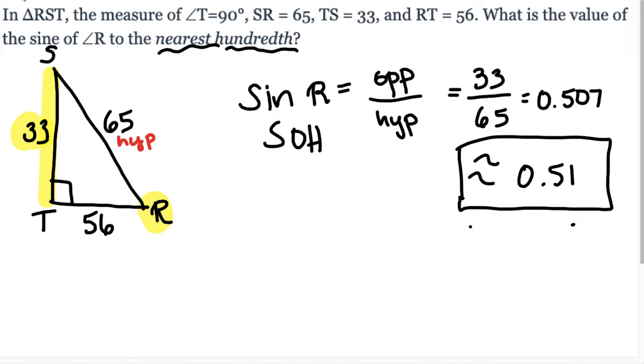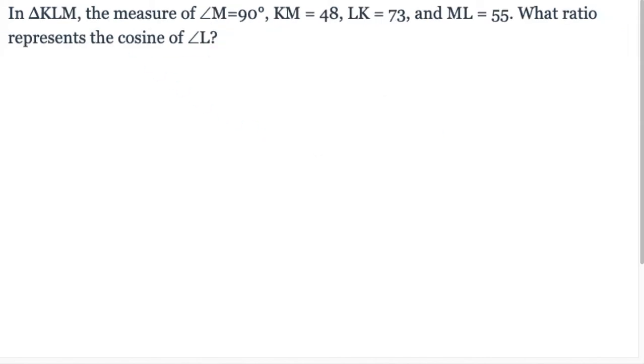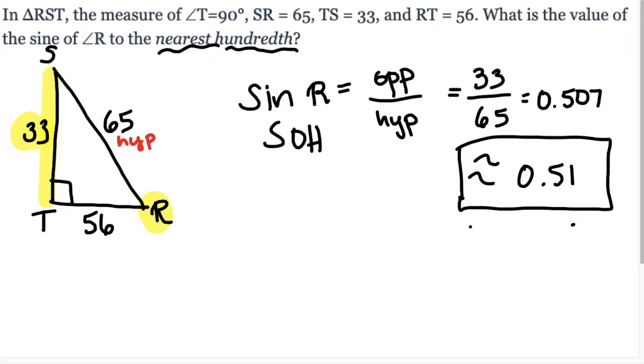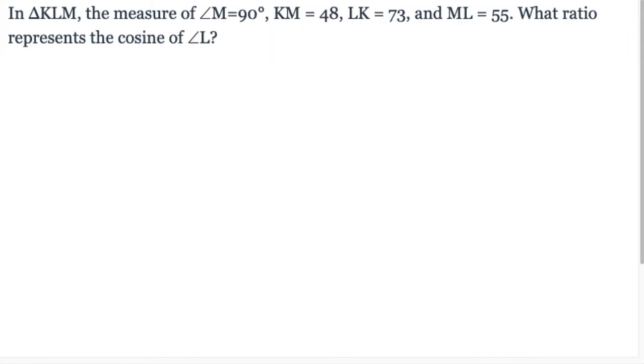It says here in triangle KLM, the measure of M is 90 degrees, KM is 48, LK is 73, and ML is 55. What ratio represents cosine of L? This one doesn't ask to round off, so we can just leave it as a reduced fraction.